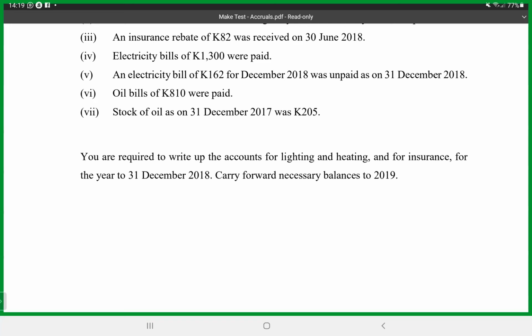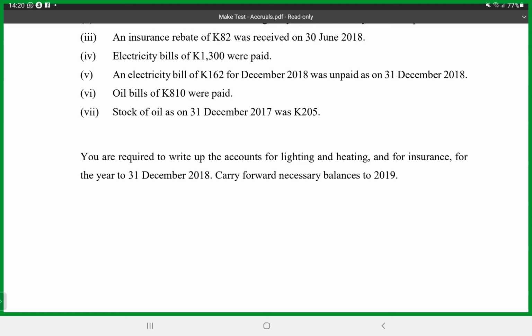Some sort of refund, isn't it? Right. So it is deducting the expenses. If we have that, it means the amount of the expenses that we have are being deducted. So you do the opposite entry. You're going to enter that amount to the credit side of the insurance.